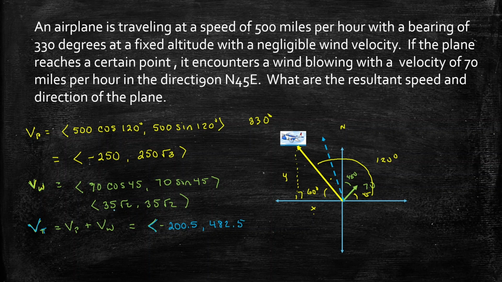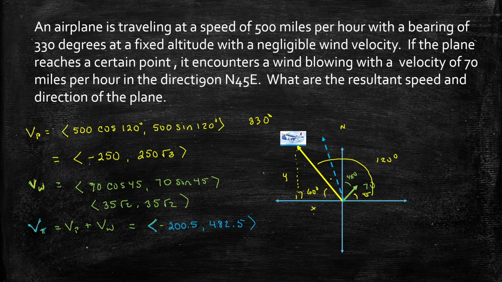This negative carried through on my addition, right? So 250 minus 35 radical 2, and these were both positive, so they added together. And that does make sense, right? Because I'm going up in this y direction positive both times. And so we would expect this y component to be bigger than the original.